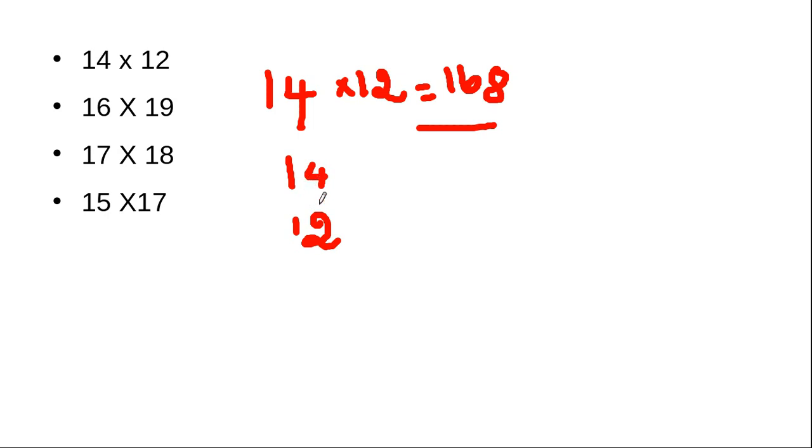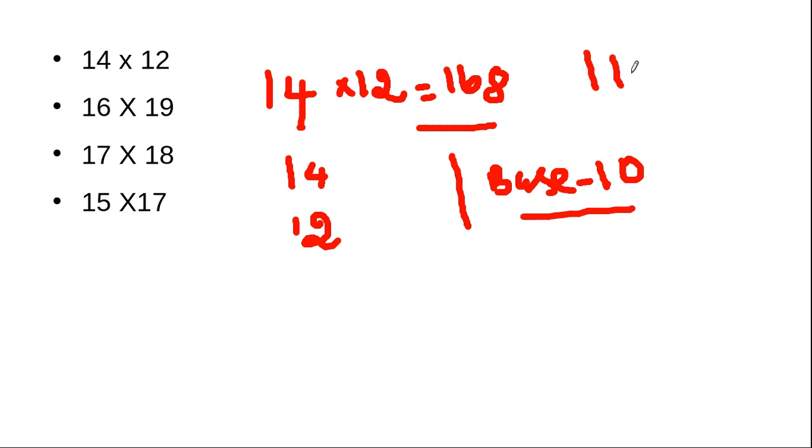We have the numbers 14 and 12, and we have to multiply them, so take the difference. Take the base value as 10, which is near to 14 and 12. Use this base value for the multiplication of numbers between 11 and 19.